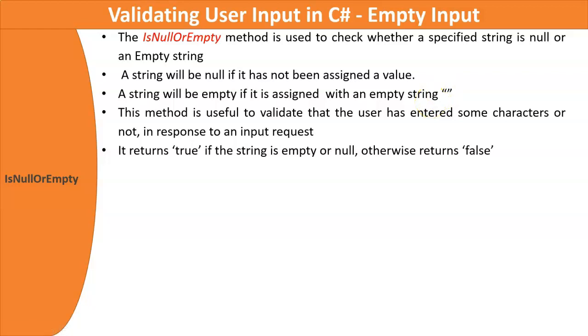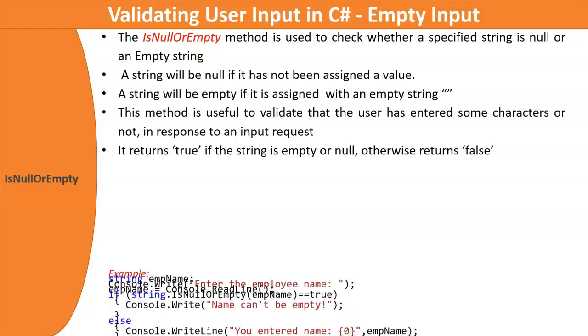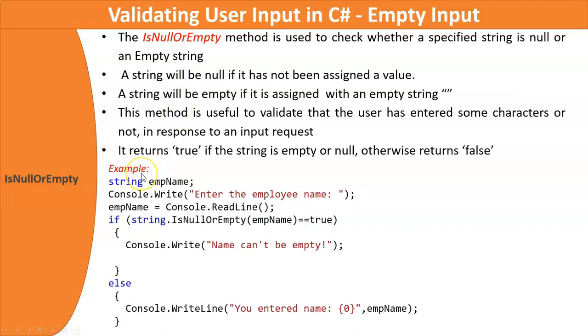Now the program should validate whether the user has entered some characters or not in response to an input request. This method can do that validation. So let's see how the isNullOrEmpty method can be used to find out whether the user has entered some characters or not. Consider this example. I have a string variable, empName.